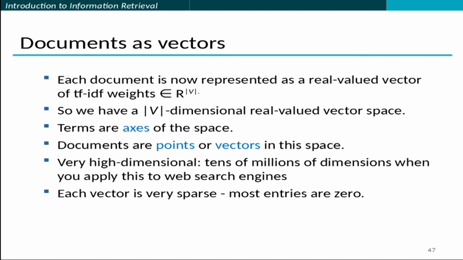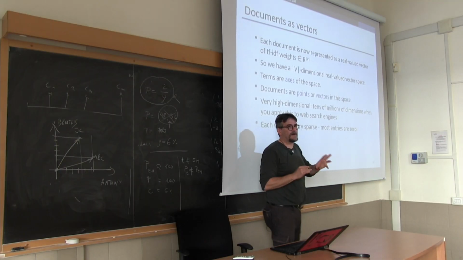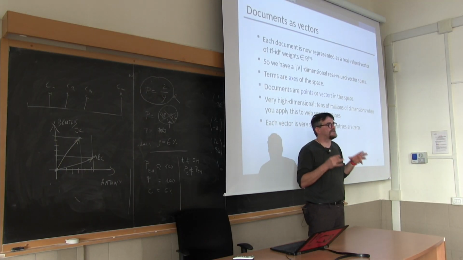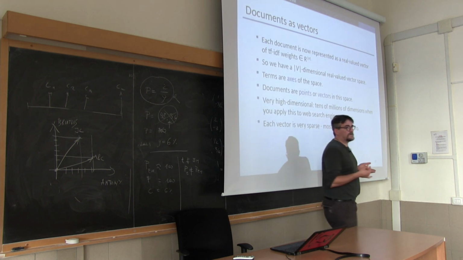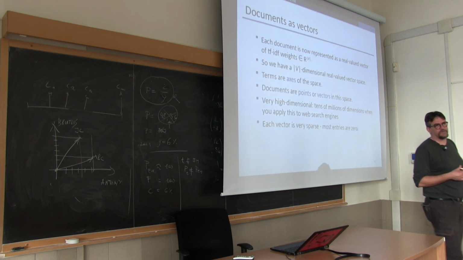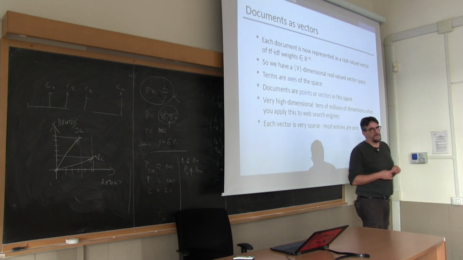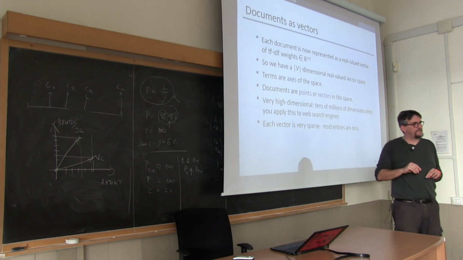And also consider that each vector is very sparse, because clearly the vector space is made of the terms in the whole collection. But each document will contain only a limited number of terms in the whole collection. Okay. Does this picture and this observation make sense?